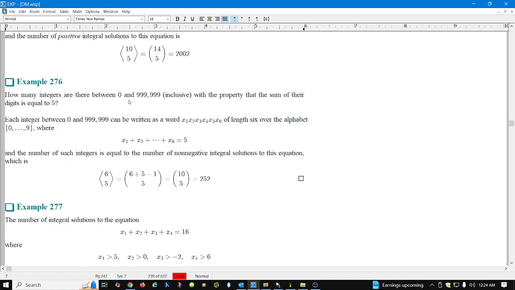How many integers are there between 0 and 999,999 inclusive with the property that the sum of their digits is equal to 5? Now you could do this directly. You could take the case where one of the digits is 5, and that could be placed in any one of 6 places and fill the rest with zeros.